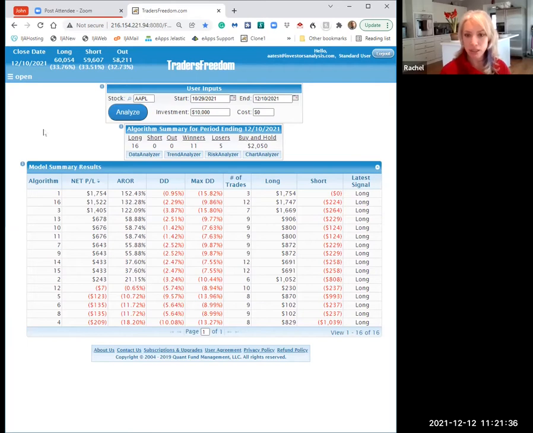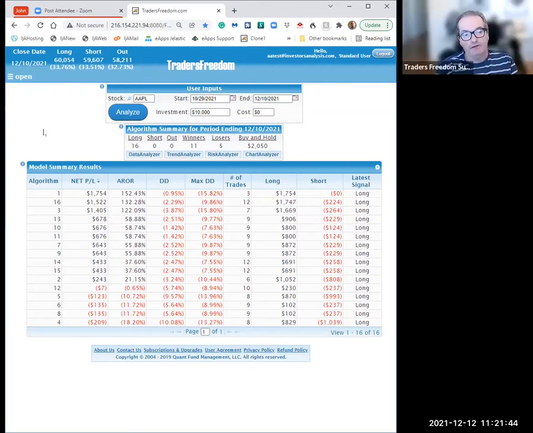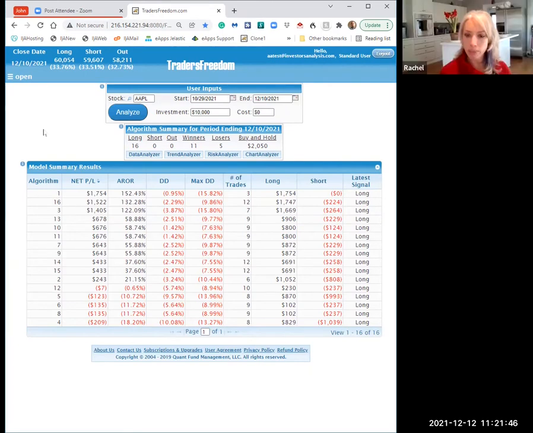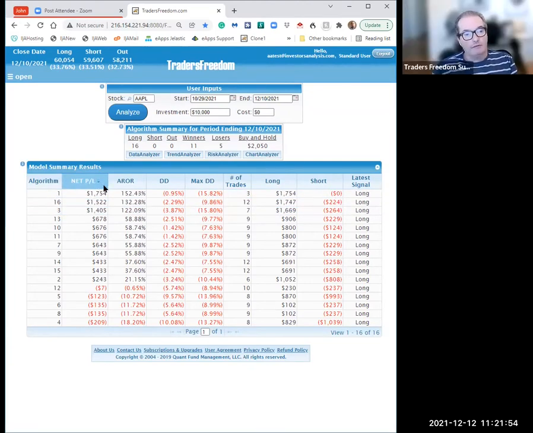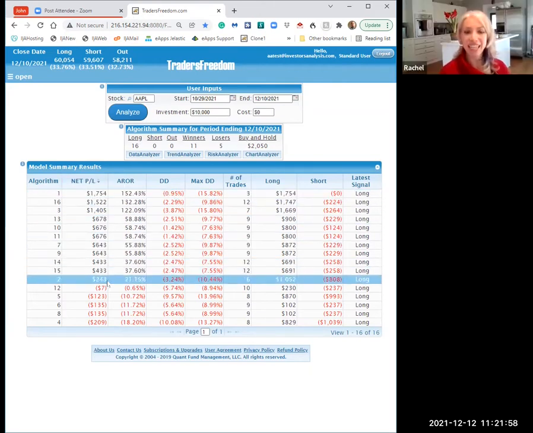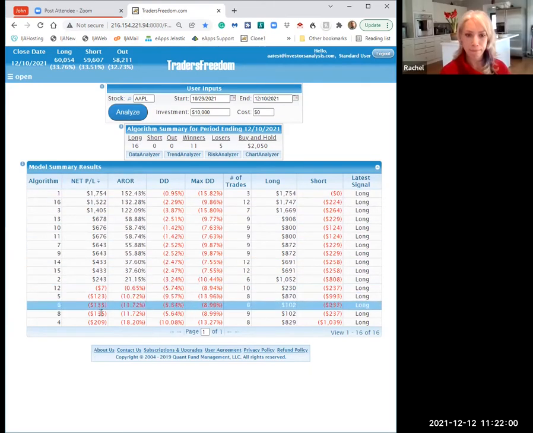Now it still seems like all the algorithms made money overall, but for me, 11 out of 16, the bottom 5 did. So are they just showing the top? Are they showing just the 11 money-making ones in this chart, or where are the 5 losers? Okay, good question. So right here, if you look at the net profit loss, the first 11 are black, the bottom 5 are red.